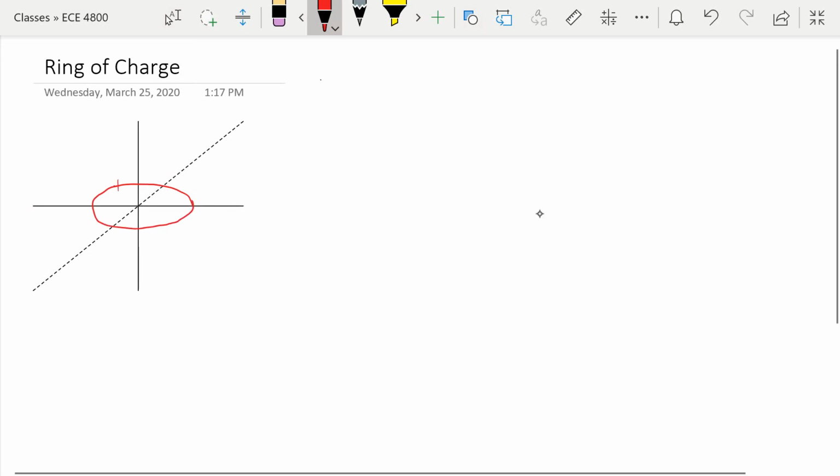Just imagine that you have a bunch of charges in a ring like this, and that charge density is given by rho sub L, in units of coulombs per meter. I'm going to go through this problem a little bit faster. We are at an observation point P at location 0, 0, Z, or H, let's say, on this axis.